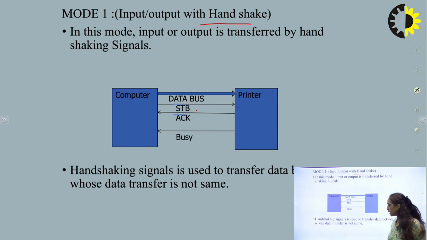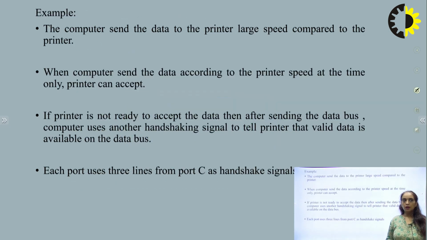So handshaking signals are used to transfer data in those cases where the data transfer rate is not the same. For example, the computer sends data to the printer at a very large speed compared to the printer. Suppose your printer is working on 3 megahertz and your computer on 8 megahertz.